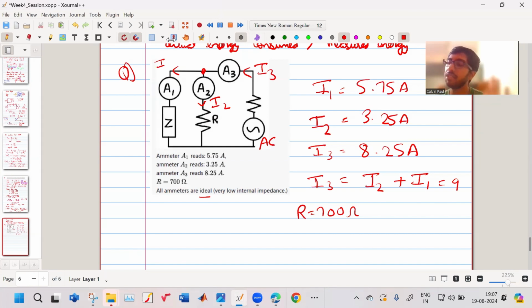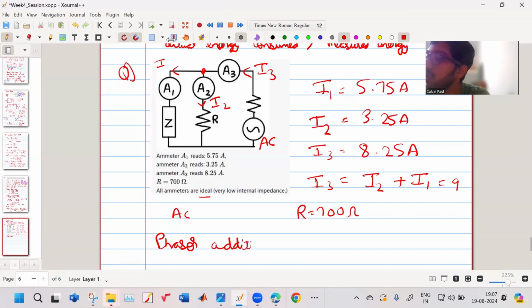So we cannot say that the ammeter is measuring wrong. It is measuring correctly, but still our KCL is not being followed. The reason is that in AC circuits, you have to do phasor addition. You cannot do RMS addition.